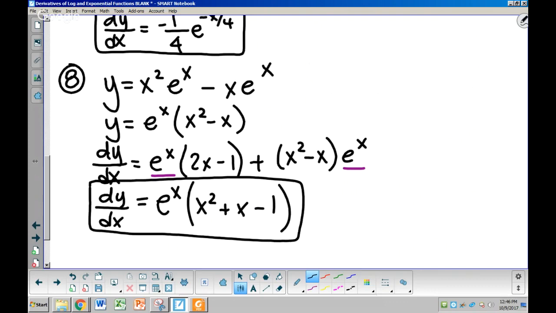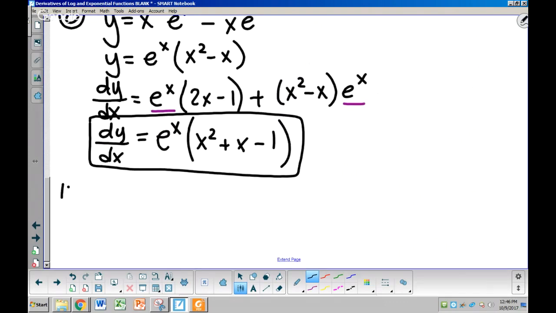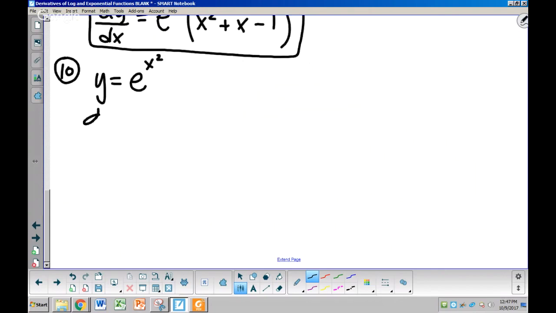Have we solved number 10 yet? Y equals e to the x squared. Anybody willing to go do this with me?